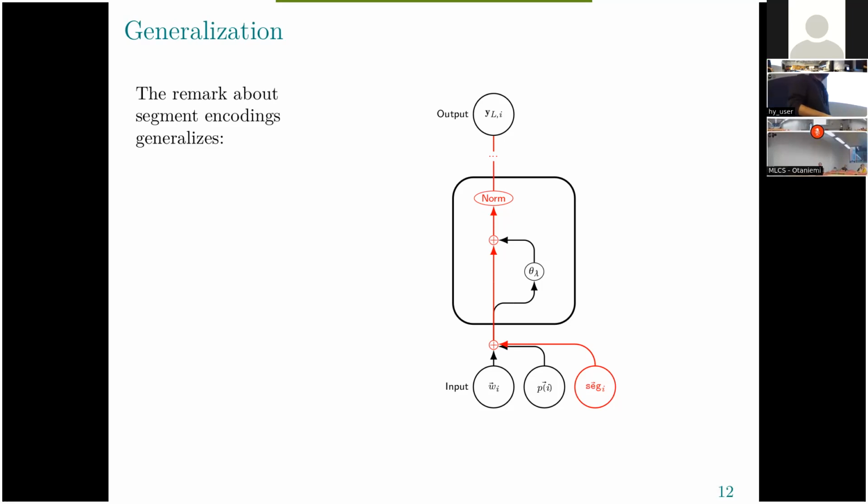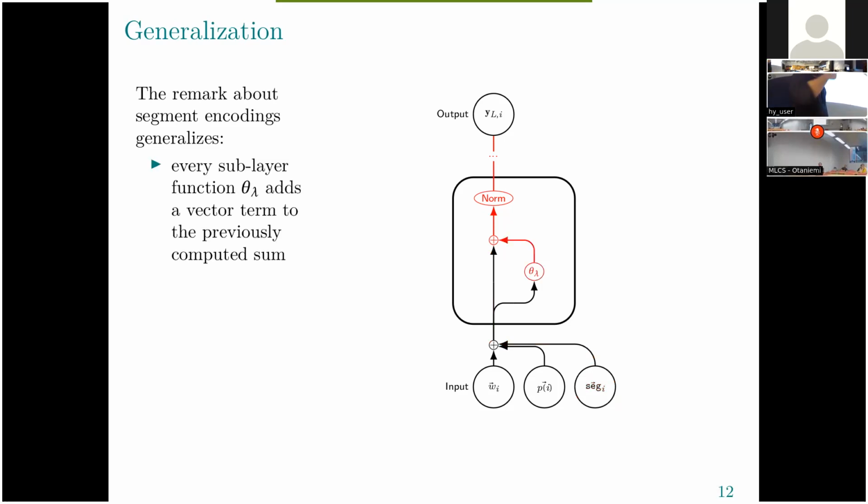What's perhaps a bit less obvious is that the computations done at each layer are also going to leave a trace. If I look at the output of theta lambda, this also creates a vector term that I can consider as an element I add to a current sum.